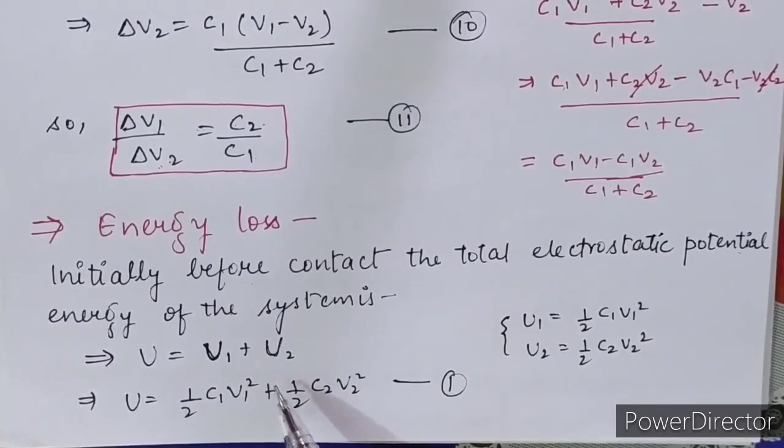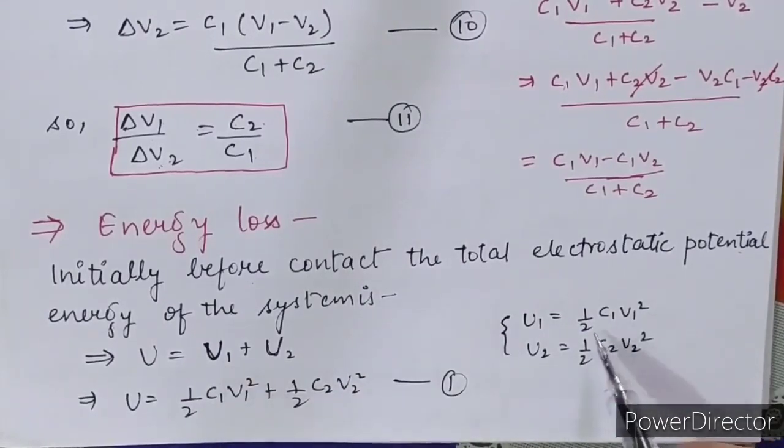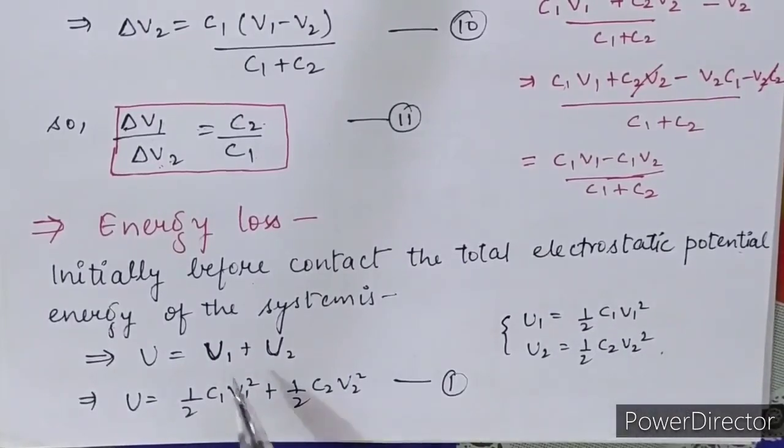If you haven't forgotten yesterday's electrostatic potential energy formula, U is equal to half CV square. For U1, half C1 V1 square, U2 half C2 V2 square. Put the values of U1 and U2: U is equal to half C1 V1 square plus half C2 V2 square. This is equation number 1.